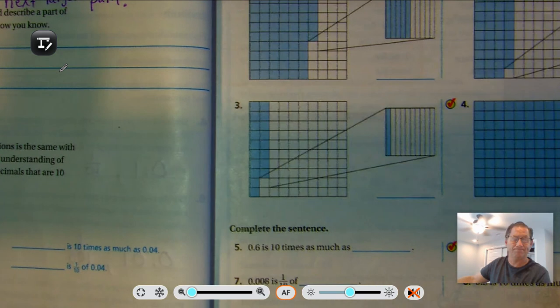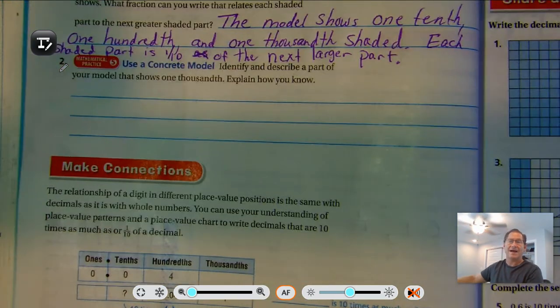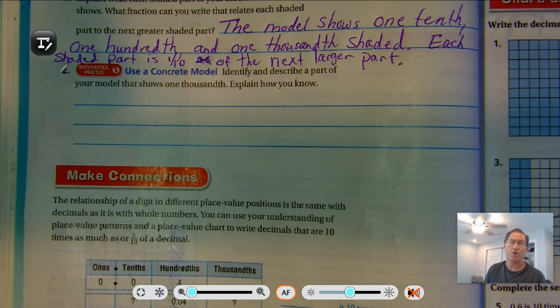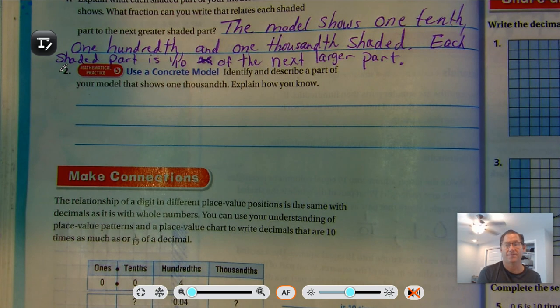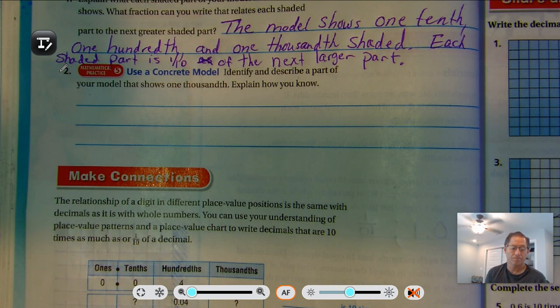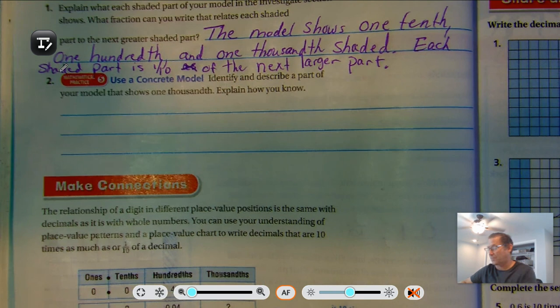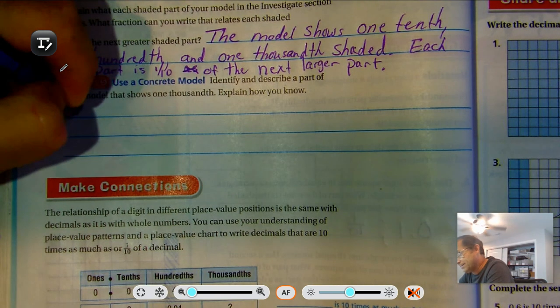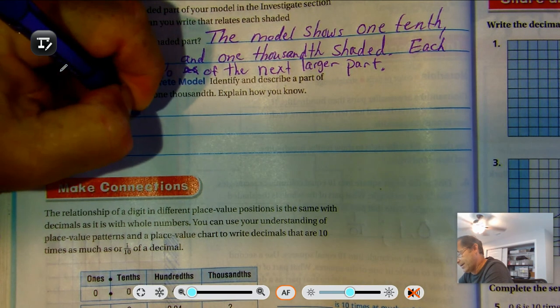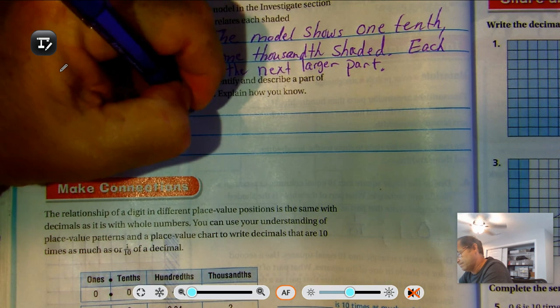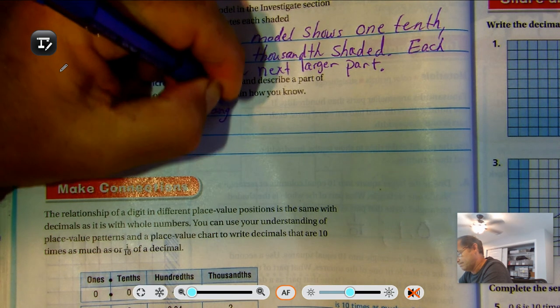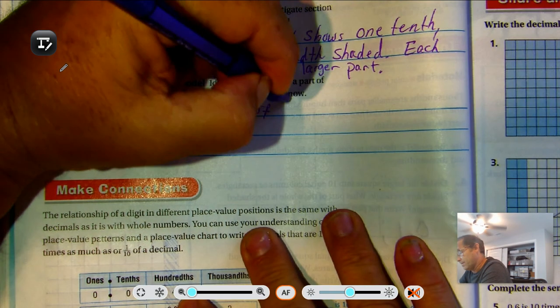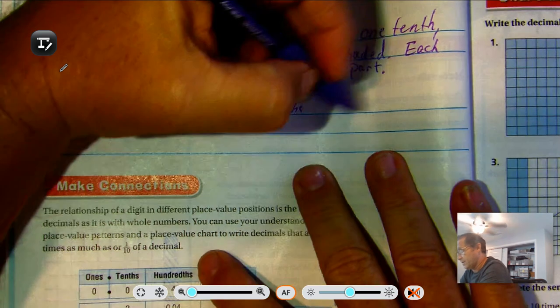All right, number 2. Identify and describe a part of your model that shows 1,000th. Explain how you know. So one shaded rectangle of the hundredth.